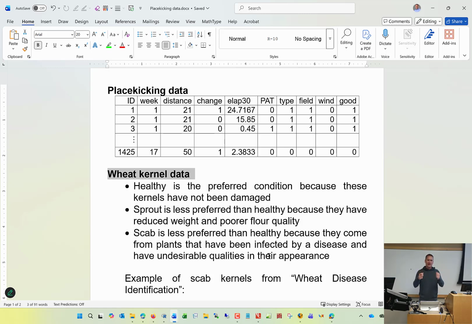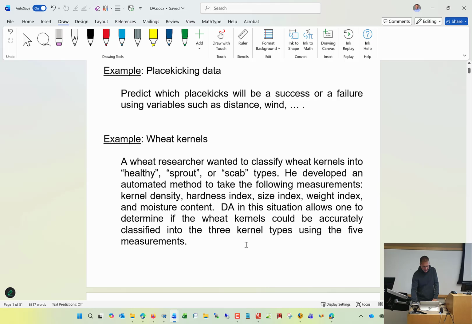Imagine you have your Surface Pro computer that they use in the NFL with you. You do some stuff, and it comes back, I predict a success. You can then use that to make a judgment about, should we go for the field goal or not? Okay? Here's another place where I've used these methods.